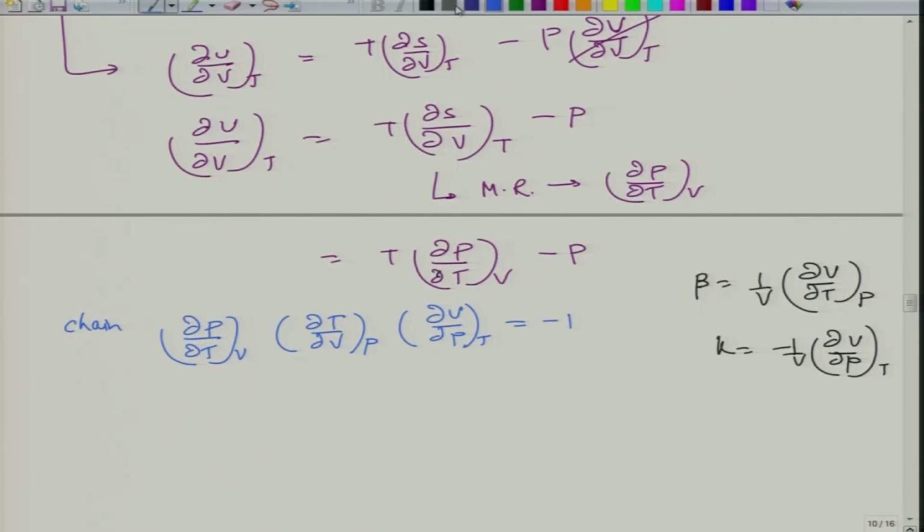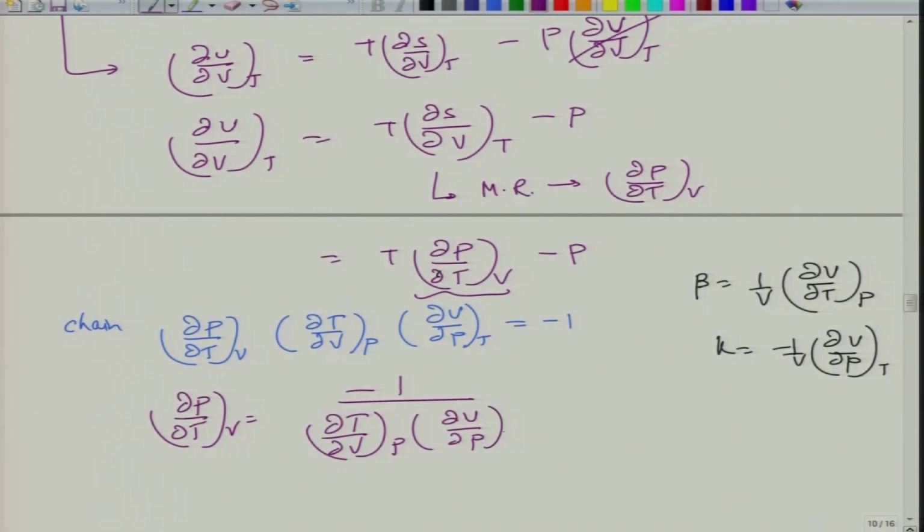So del P by del V can be written as minus 1 times del T by del V at P times del V by del P at T. Now we can replace this by these two terms, and these two terms are found in the expressions of beta and kappa.